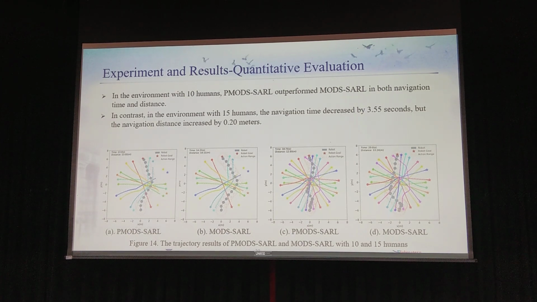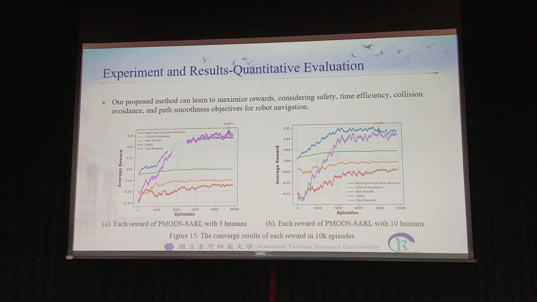In contrast, in the environment with 50 people, the navigation time decreased by 3.55 seconds, but the navigation distance increased by 0.8. Our proposed method can use metric rewards, consider safety, time efficiency, collision avoidance, and can smoothly run robust navigation.